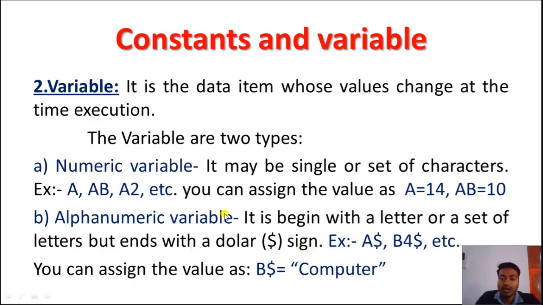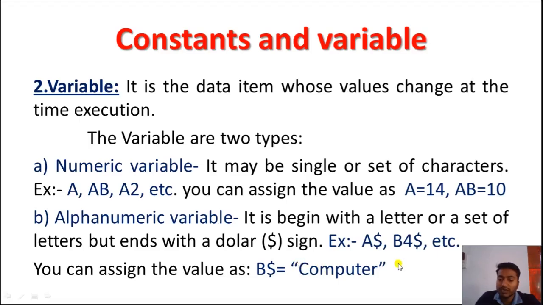When you want to give characters to a particular variable, then you have to take the variable and just on the right side of the variable you have to give a dollar sign. Like this you can see here, B dollar is equal to computer, and whatever characters you give, you have to write within the double quote.